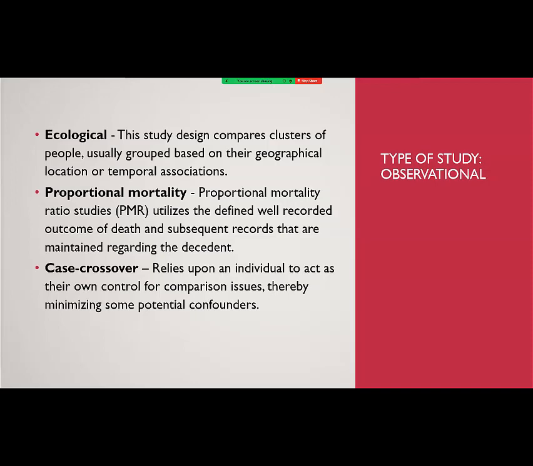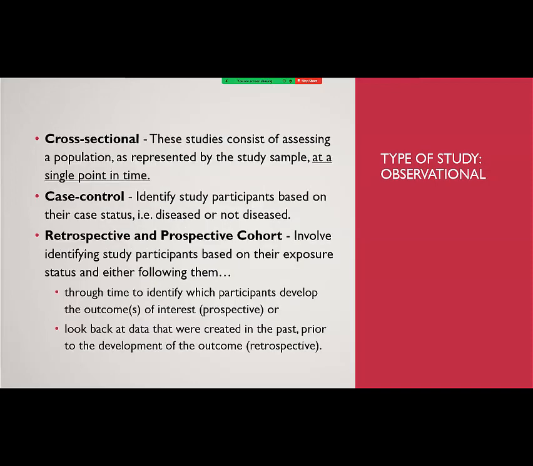I'm not going to go through all of these, but I kept it on the slides, just as I said, for you to use as a reference. There are other types of observational studies here. We have a couple slides of definitions. We have proportional mortality, ecological, which is just like an epidemiological survey. We have case crossover.